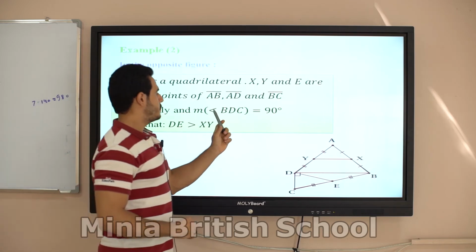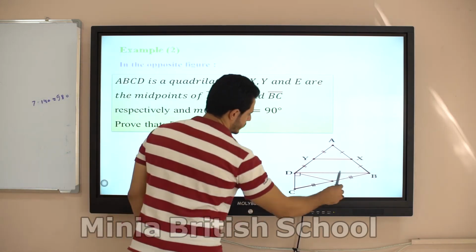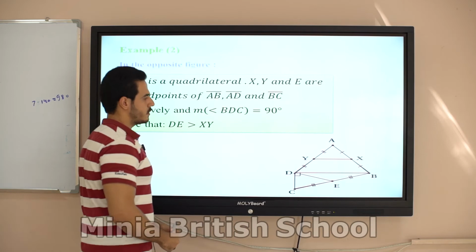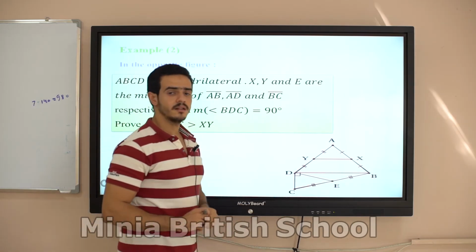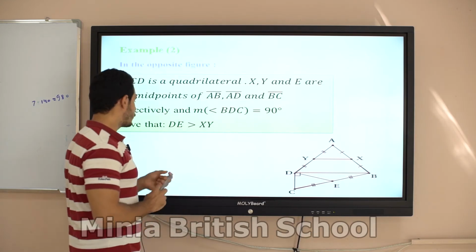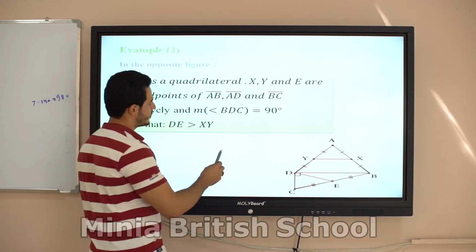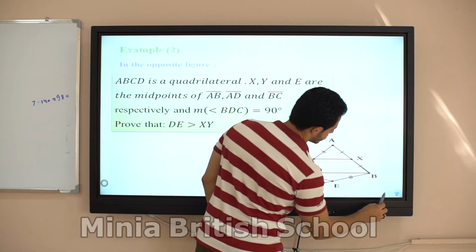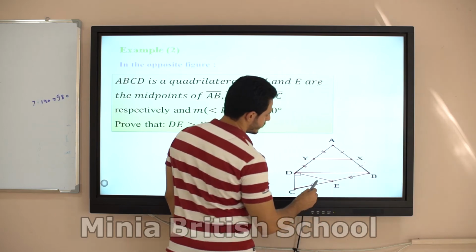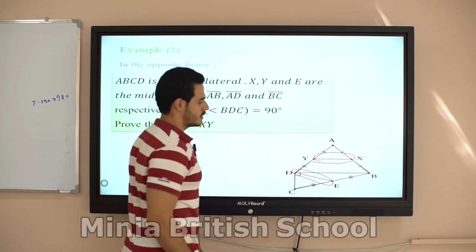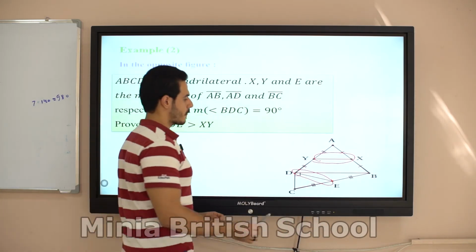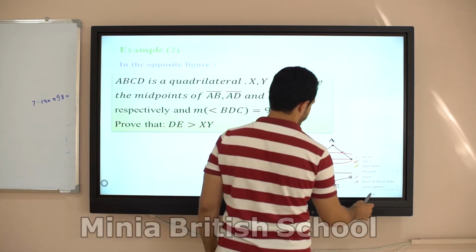Measure of angle BDC is equal to 90, so the triangle BDC is a right angle triangle. Prove that DE is greater than XY. Okay, let's solve it.